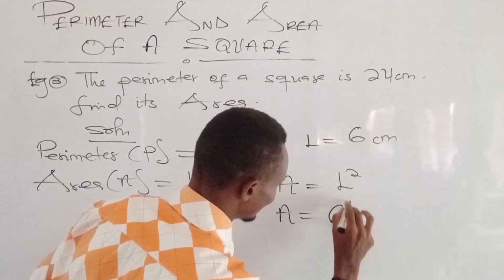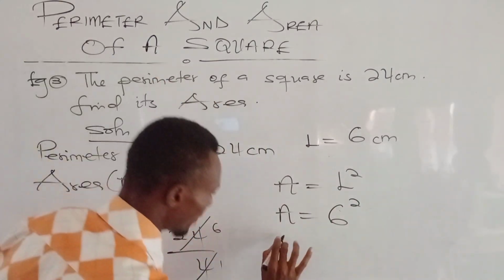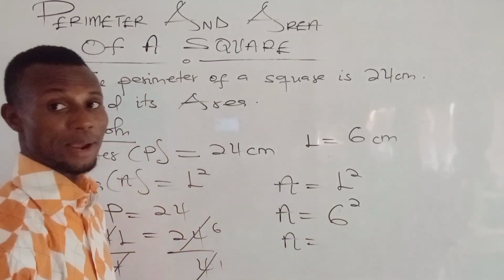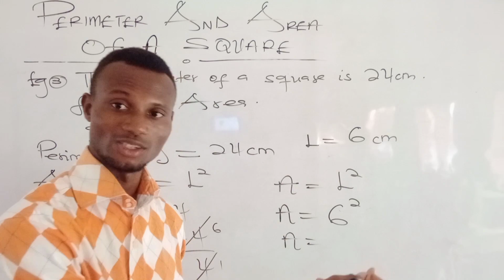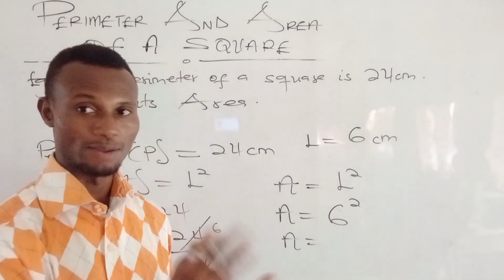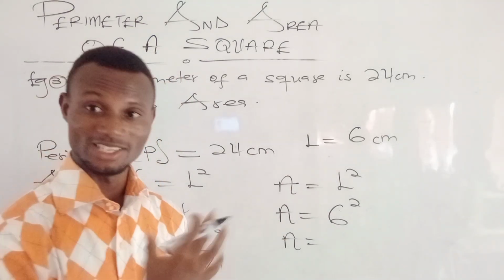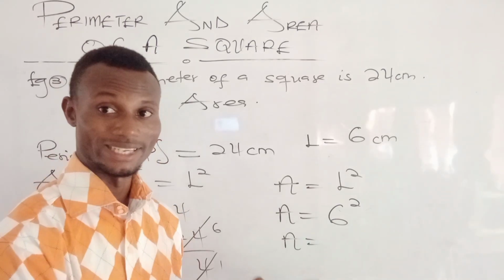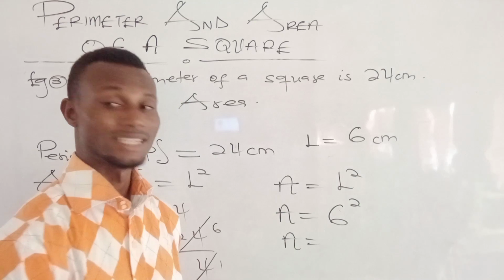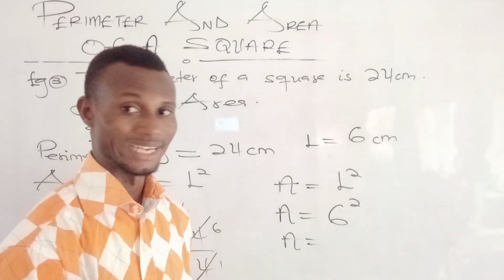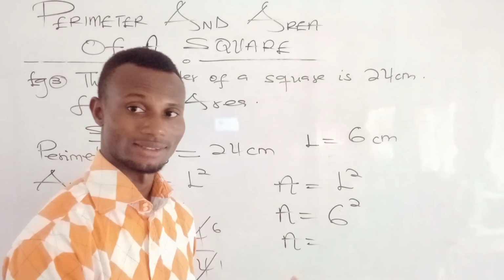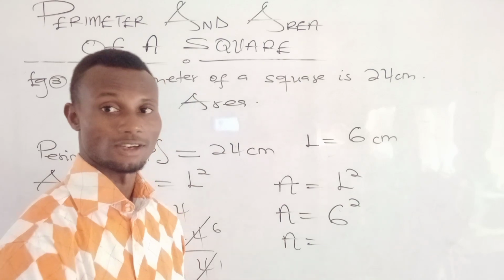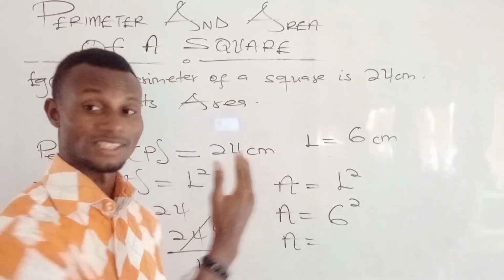My area equals 6 square, which means 6 times 6. 6 square doesn't mean 6 times 2. Most students make those mistakes, so that's why I'm stressing on it. It means 6 is multiplying itself 2 times. That's the meaning of 6 square.